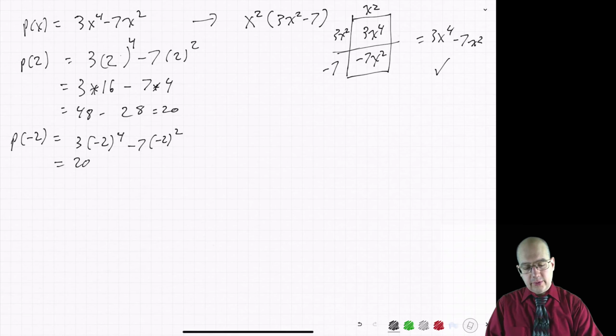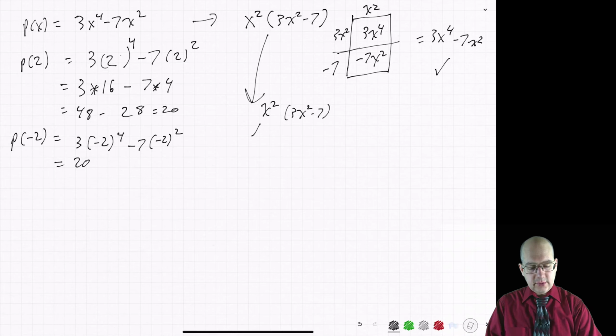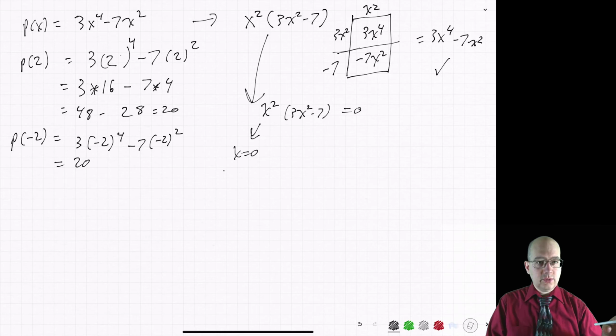And furthermore, when you can factor it into something a little bit simpler, we have x squared times 3x squared minus 7, right? So x equals 0 gives 0 squared, which is 0. 0 times whatever 3x squared minus 7 is, that'll be minus 7, but 0 times that is 0, so that's a root, as we saw in the graph.